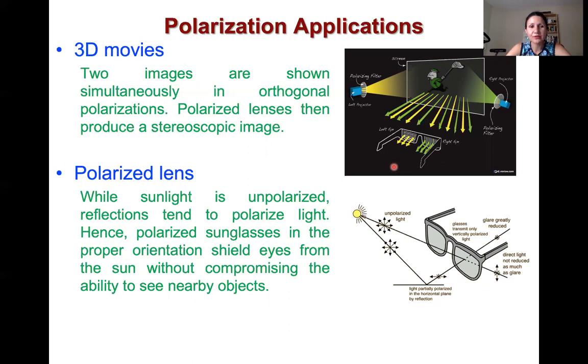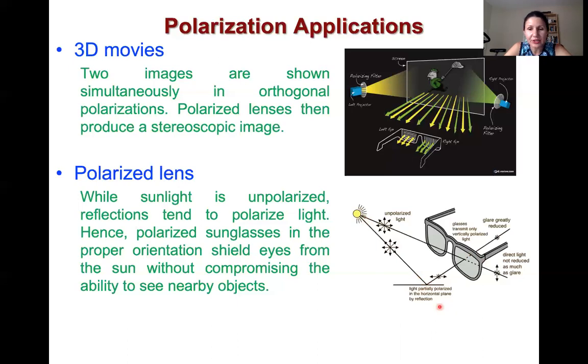I'm sure you've heard of polarized sunglasses, and what they're good for is to reduce glare. A typical source of light, coming from the sun, is always unpolarized. These light rays are a mixture of light from all random polarizations. But when it reflects from some materials, especially things like water, that reflected light becomes polarized.